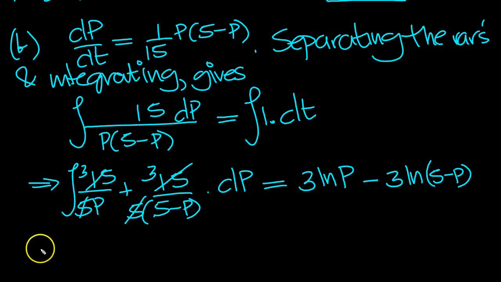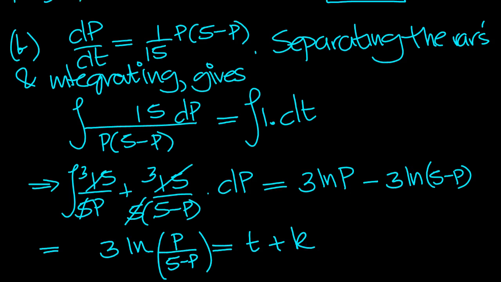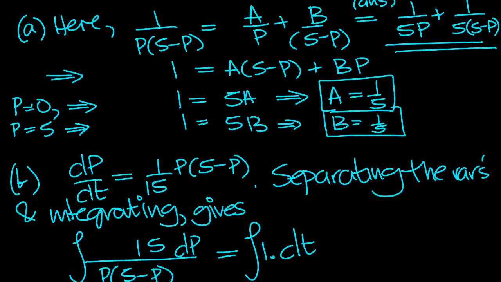So that's equal to 3 ln p minus 3 ln of 5 minus p, you divide top divided by bottom, and this is equal to, and this integral here is t plus the constant of integration. So that's the solution then, the general solution.